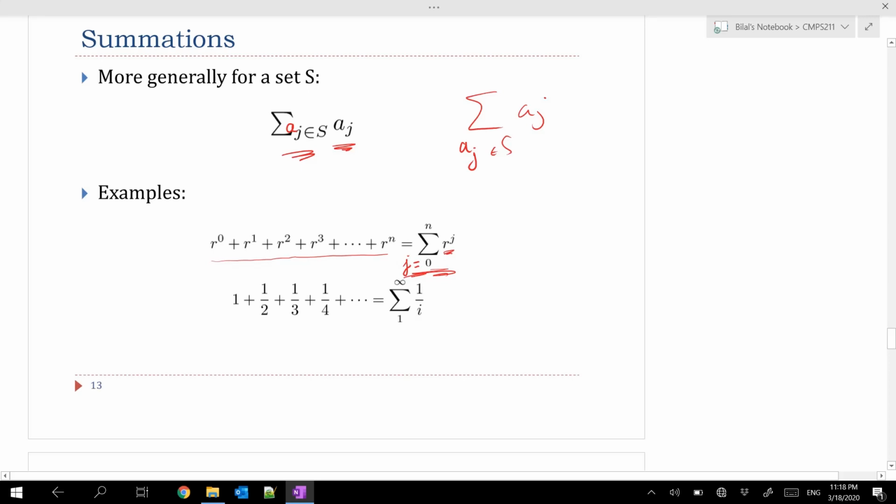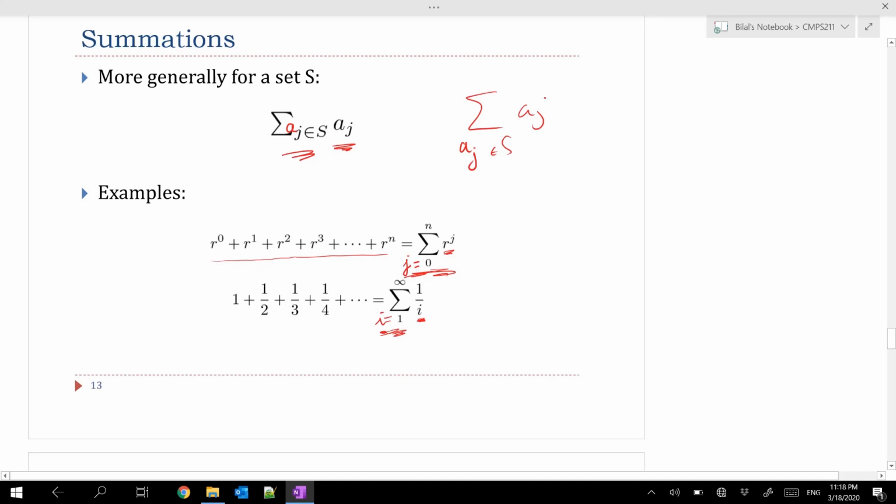Without the boundary here, it's the summation of the terms 1 over i from i equal 1 to infinity. Maybe in certain books they would use this abbreviation, but I recommend that you clarify which index you are talking about, because sometimes we can talk about two different indices in our summation.